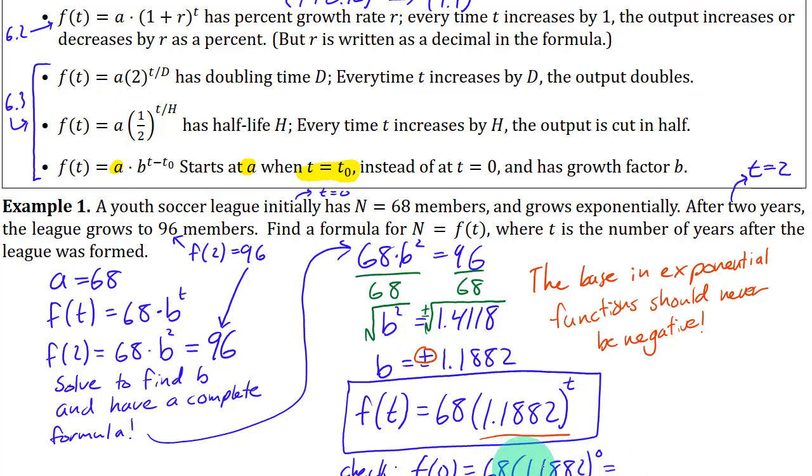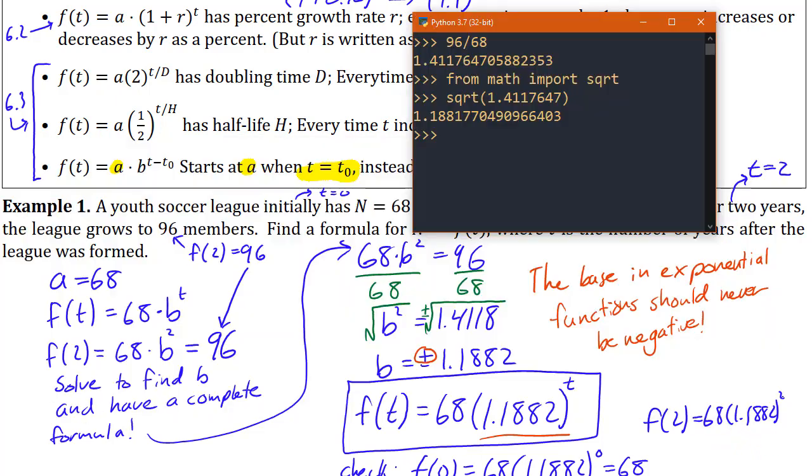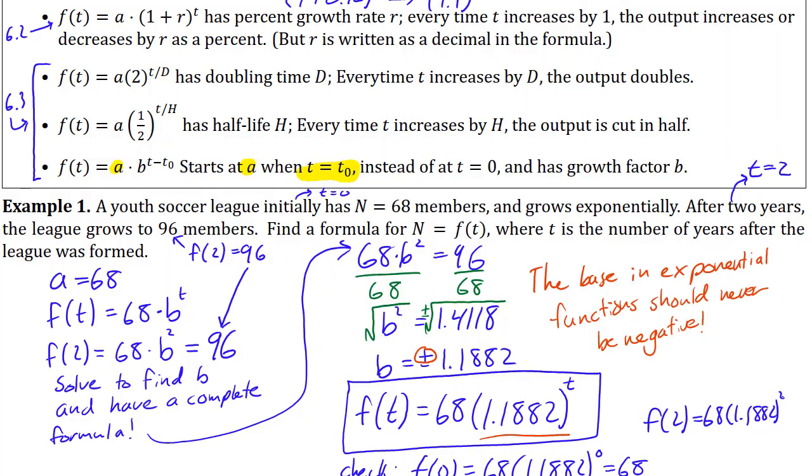And that's just going to give you 68 times 1, so you just get 68. And if you want to do f of 2, that's going to be 68 times 1.1882 to the power 2. That's going to come out to be 96. So that works.